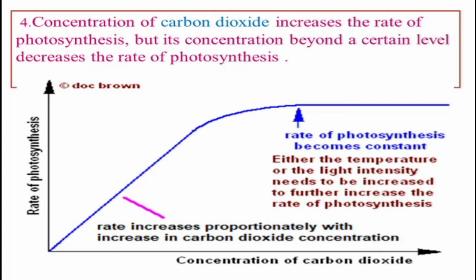Maybe from fuels, burning of wood, factories and industries that emit carbon dioxide gas. It mixes within the atmosphere. The plants and trees use the carbon dioxide, and the more carbon dioxide plants get from the atmosphere, the more the rate of photosynthesis increases.